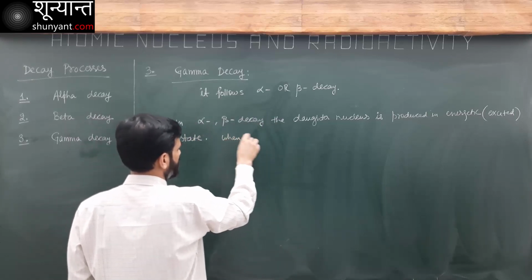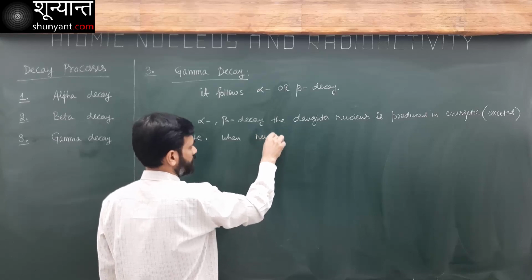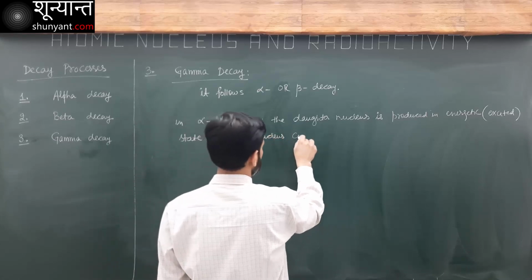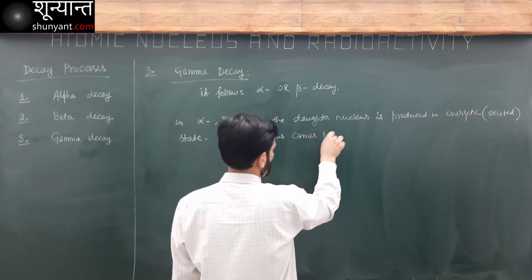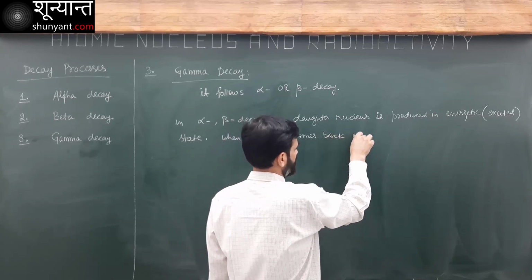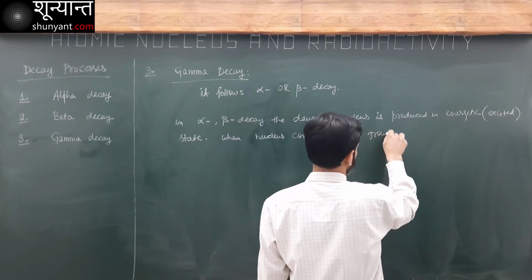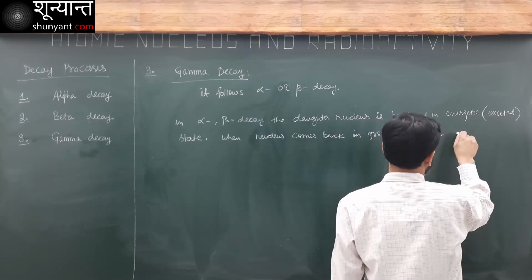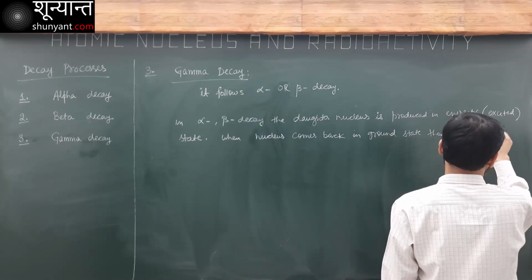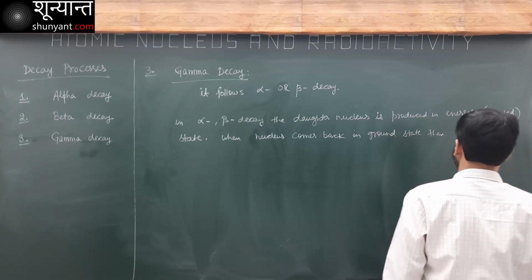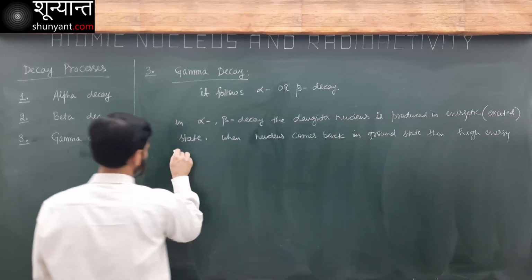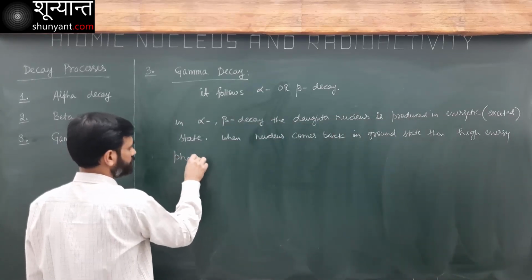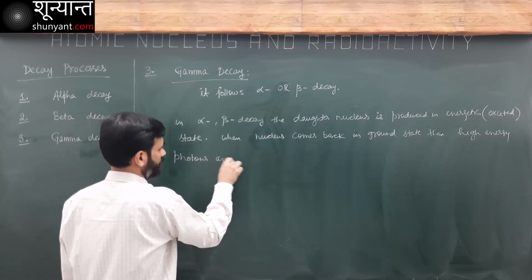When the nucleus comes back to the ground state, then high energy photons are emitted.